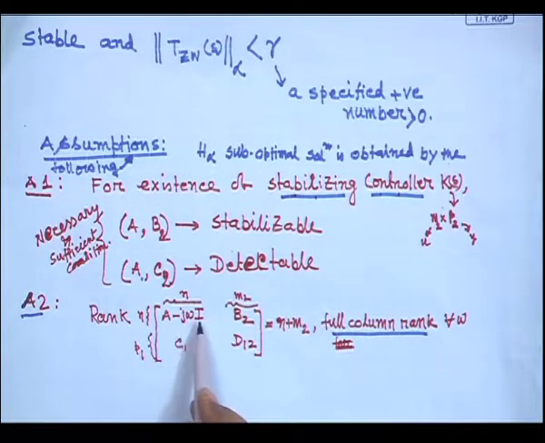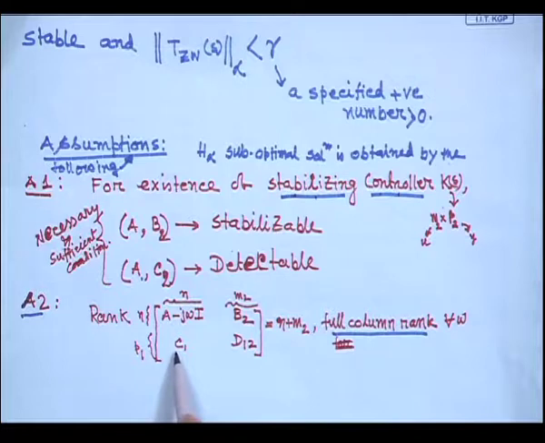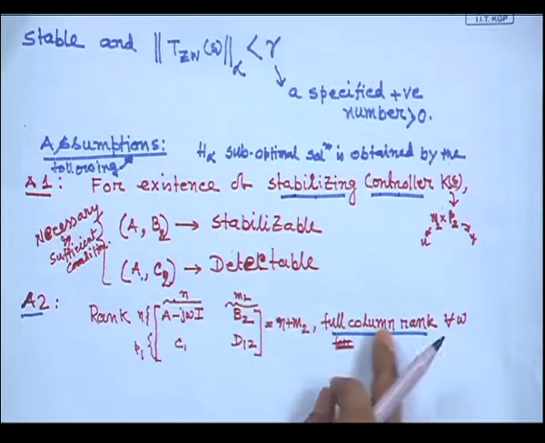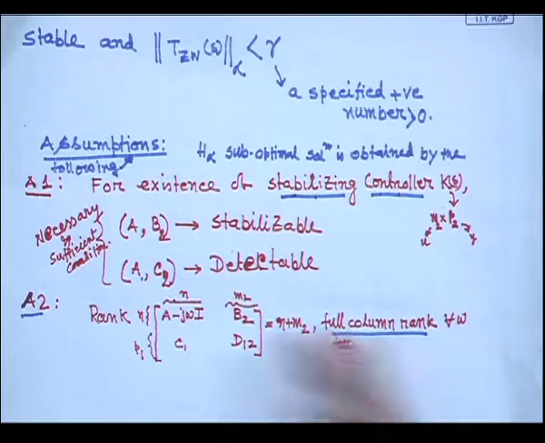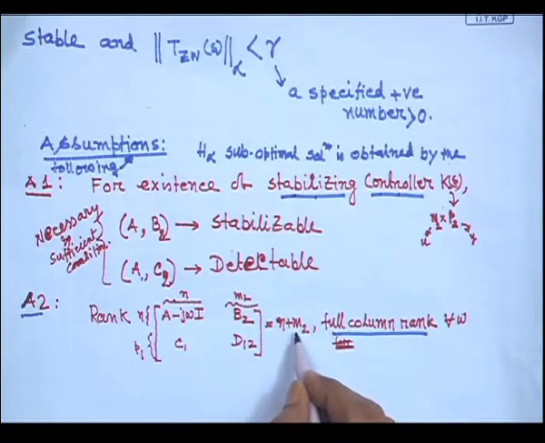The matrix [A - jωI, B2; C1, D12], with B2 associated with U and C1 and D12 in the measurement equation, should have full column rank for all frequencies. Whatever frequency you take, say 0.1, since I know A, B2, C1, D12, find the rank of this matrix for that frequency, and that rank must be full column rank for all frequencies. When you sweep the frequency from 0 to infinity, the rank should not deviate from full rank, that means n plus m2.